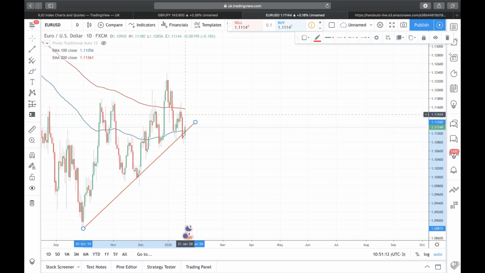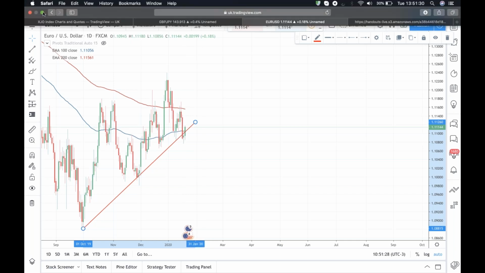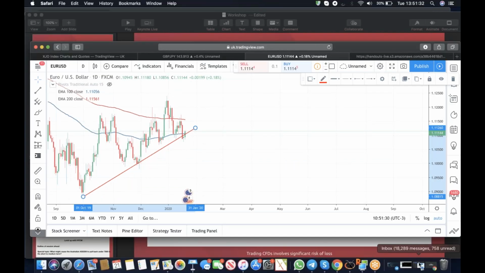Bigger picture, I do favour selling the euro on rallies. Generally you want to do it on retracements, and you kind of feel like you've got in right at the bottom there, Sammy. But a key risk event for you is going to be the ECB meeting coming up this week. So let's have a look.